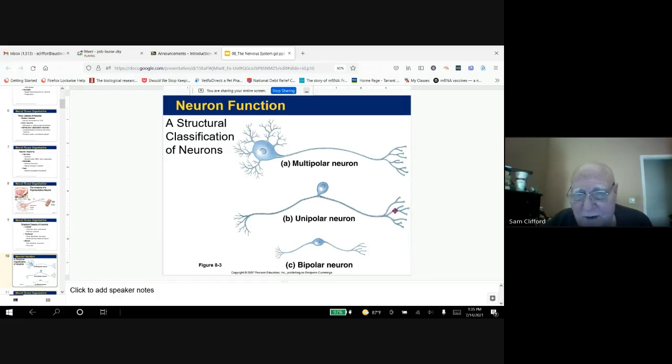Then information is carried on a unipolar neuron back to the central nervous system to start the processing and to plan for output from the efferent system. Bipolar neurons are not very prevalent, but they do occur in the eye, for instance.